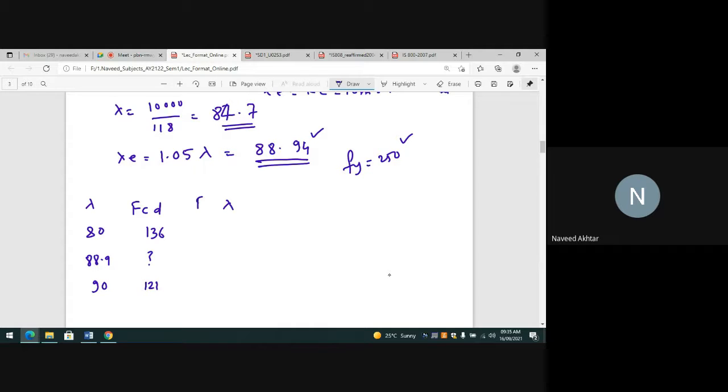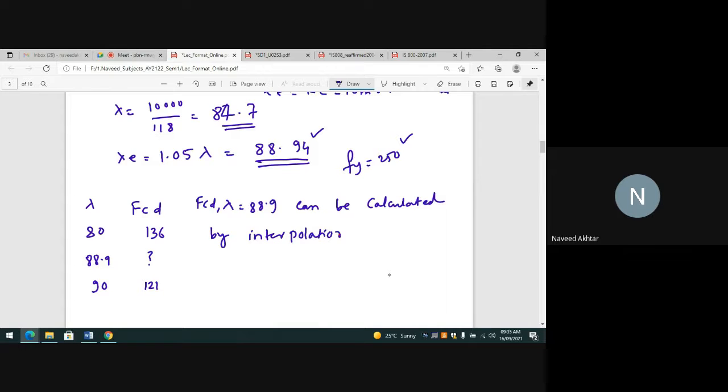The FCD for lambda equal to 88.9 can be calculated by interpolation method.